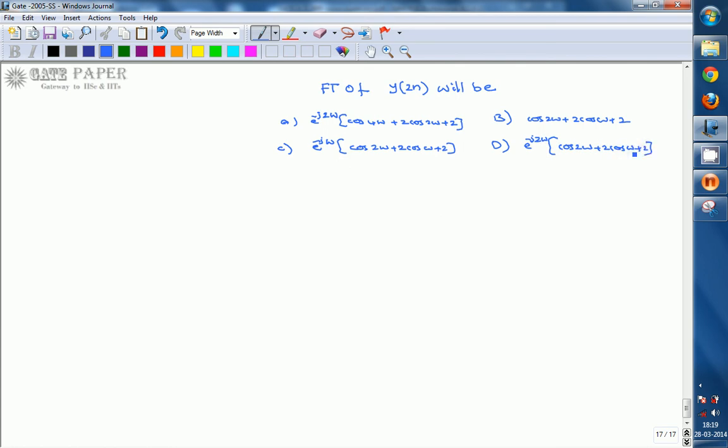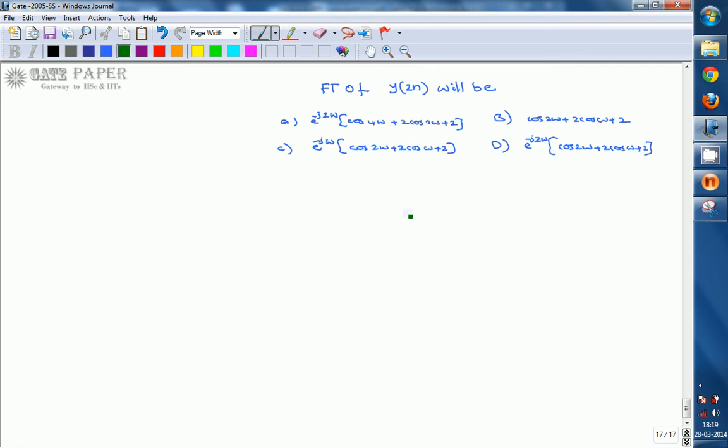Now by finding y of 2n and applying the Fourier transform, we will get the answer for this Fourier transform. So first we need to find y of 2n here.